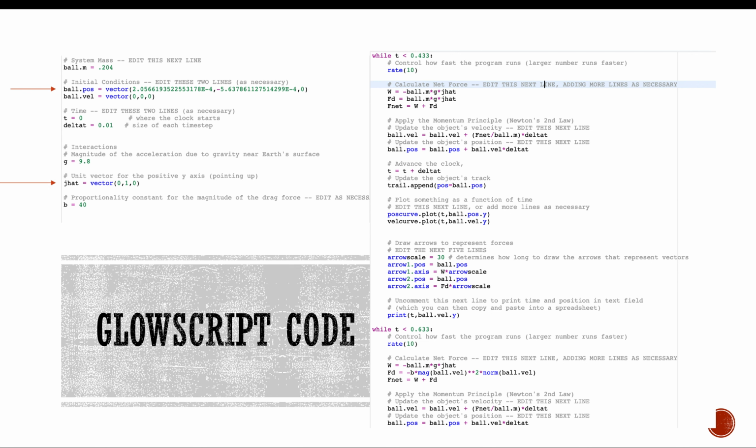And j hat is pointing up in the y direction. The proportionality constant for the magnitude of drag force, we find through trial and error, and the reason it's so high for this experiment is the frame rate of the video camera.